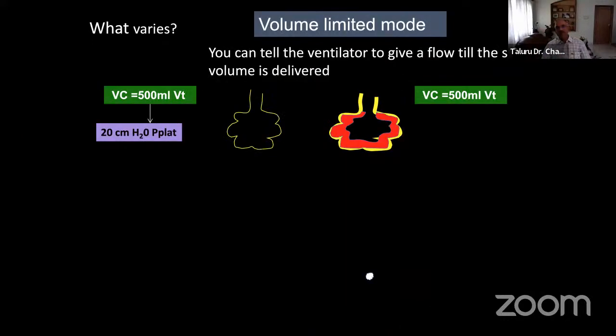The next slide, look at here. In volume controlled ventilation, I have put the patient on a tidal volume of 500 and my P flat is 20 centimeters. Now, irrespective of how the alveoli are, the volume is delivered. So what happens to the pressure? Will the pressure increase or decrease? Can somebody type?